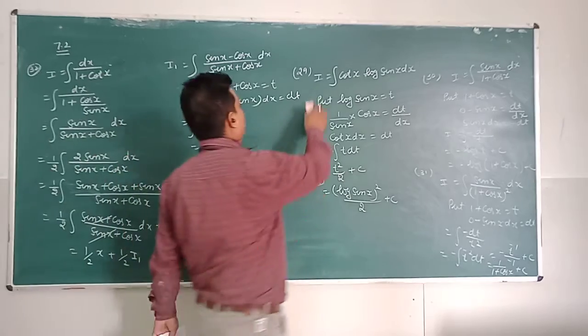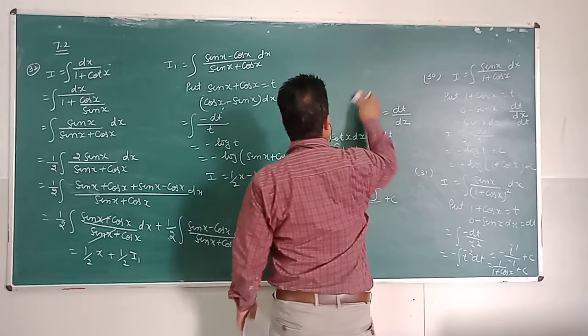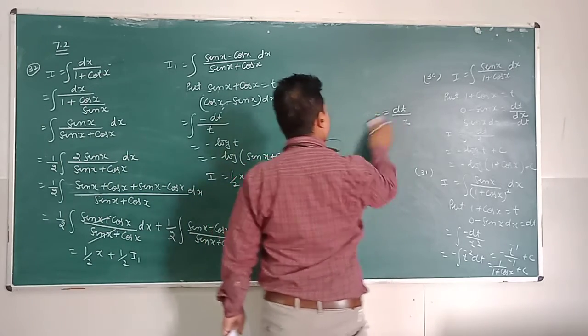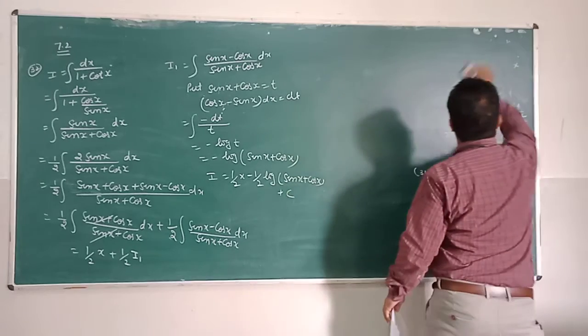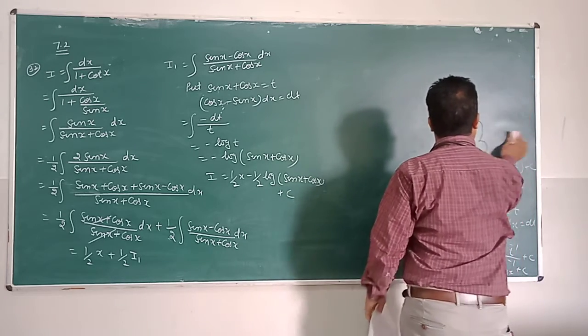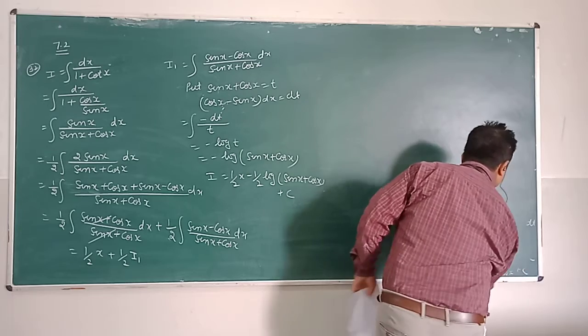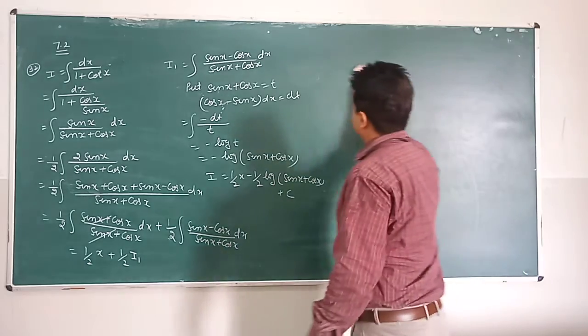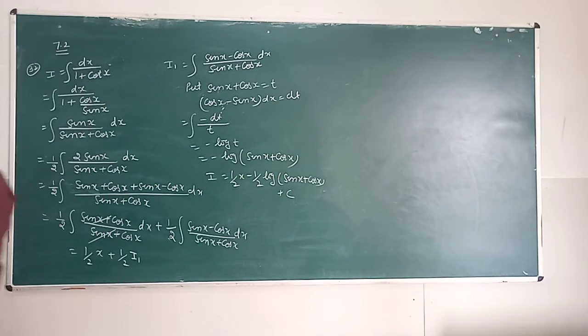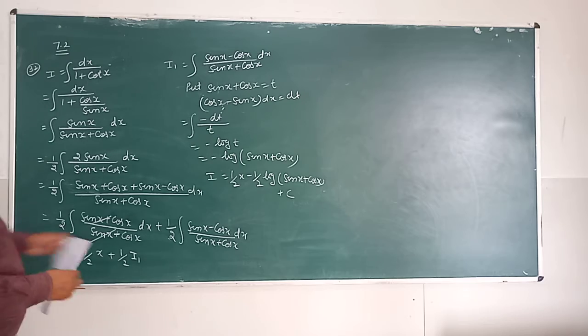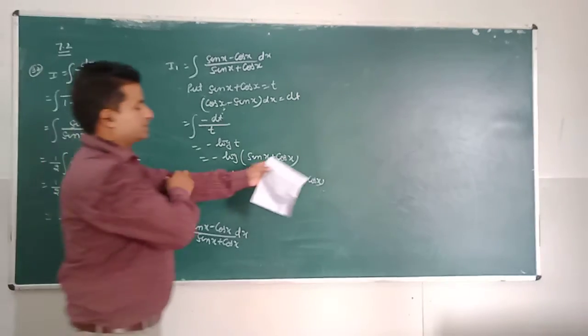It's a very important one also. The main step in this question is to multiply and divide by 2. After this we write it as sin x plus cos x plus sin x minus cos x. This means we add cos x and subtract cos x from the sin x.